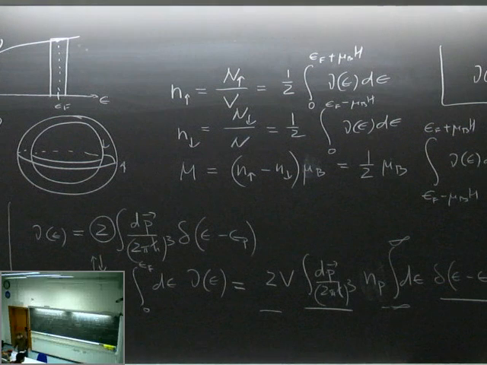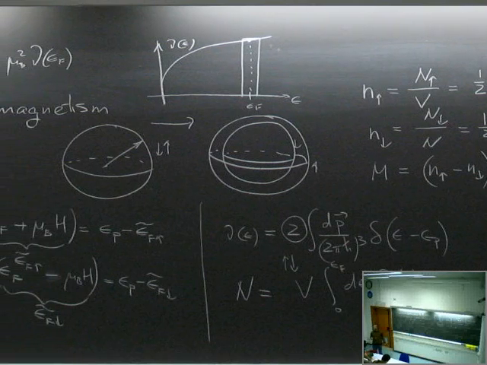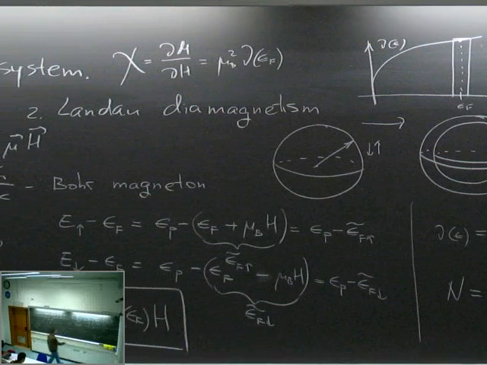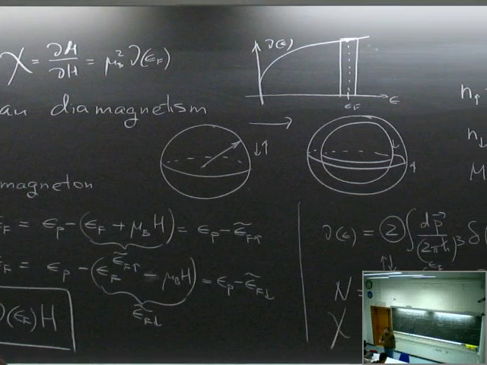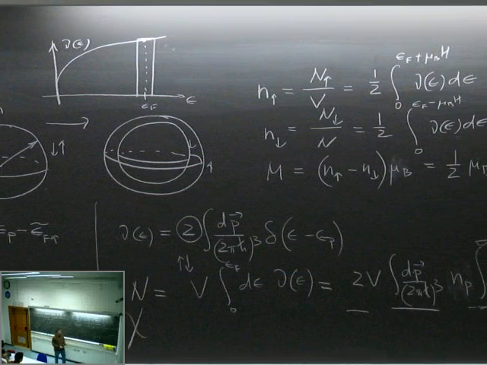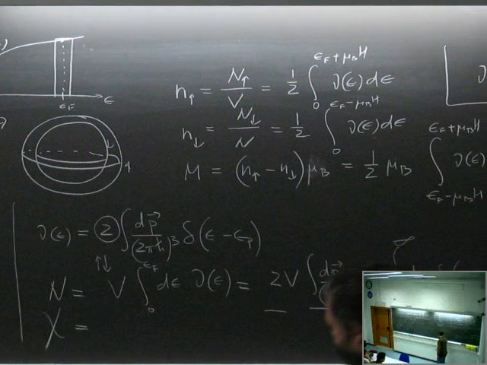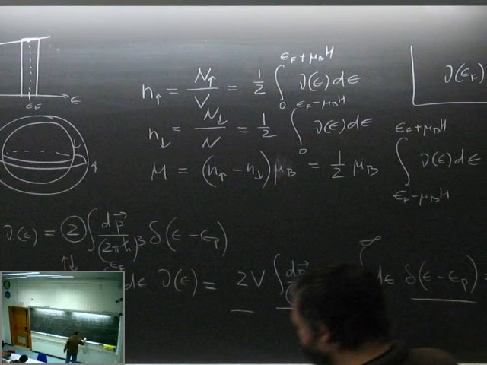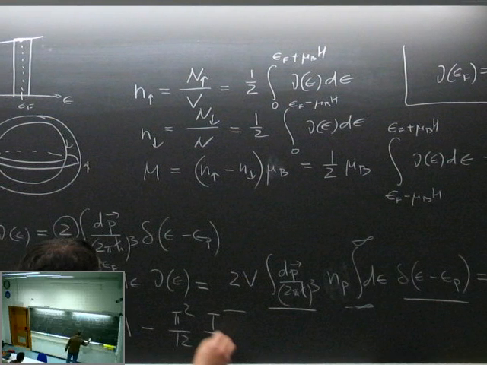Okay, the last comment which I would like to make before I come to Landau diamagnetism is what happens if the temperature is not zero. Then we can proceed with the calculations the same way as we discussed the day before yesterday, take into account the smearing of Fermi distribution function due to temperature, and obtain the temperature corrections, which will be 1 minus pi squared over 12 times temperature over Fermi energy squared.